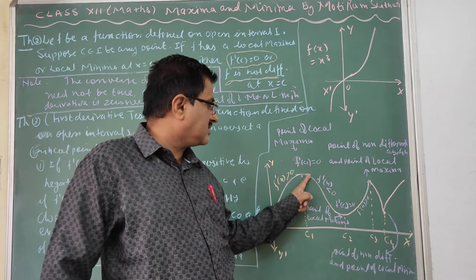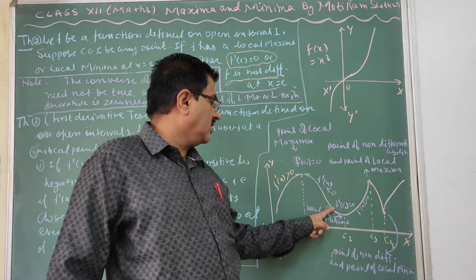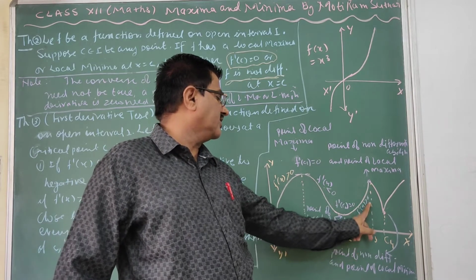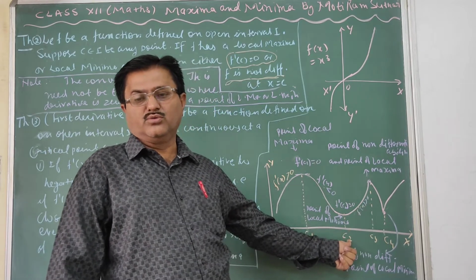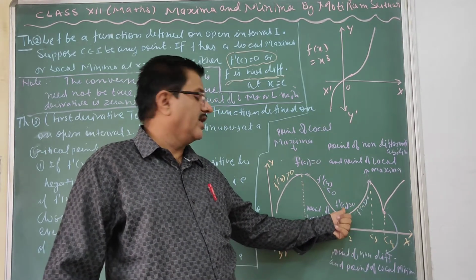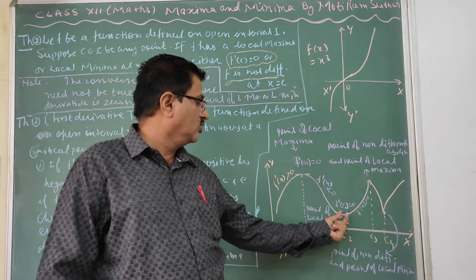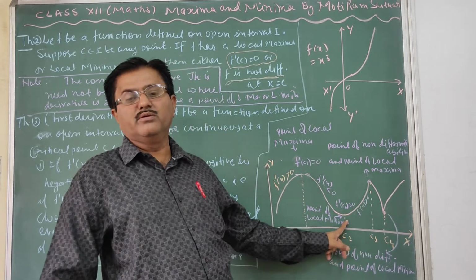Then again, here it is decreasing and then increasing. So again f'(x) is less than 0 here, and f'(x) is greater than 0 here. In between, there is at least one point c2 where the derivative of the function is 0. So this point is a point of local minima.